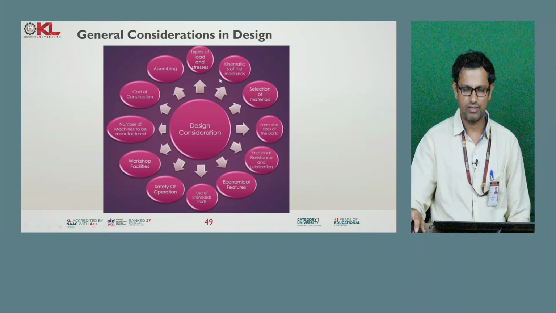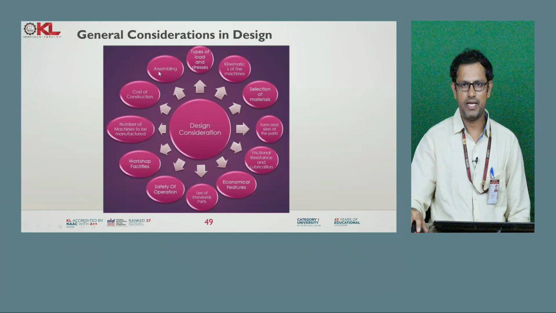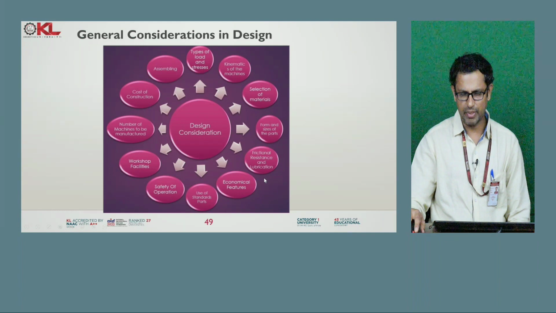Kinematics of the machines, selection of the materials, form and sizes of the parts, frictional resistance and the lubrication, economical features, use of standard parts, safety of operation, and the workshop facilities available, number of machines to be manufactured at a time, cost of construction, assembly. All these 12 parameters we have to consider while designing a product. So let's discuss one by one.